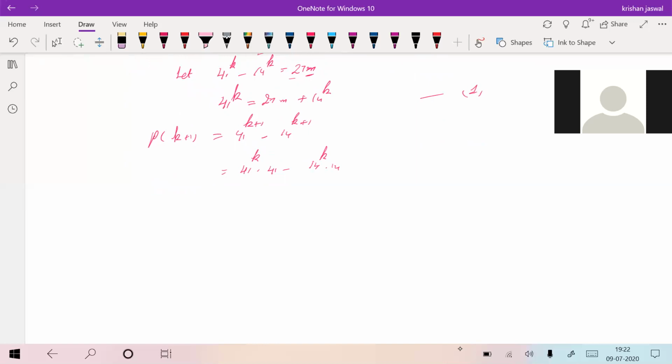Now put the value of 41 power k from 1: 27m plus 14 power k, multiplied by 41, minus 14 power k into 14.